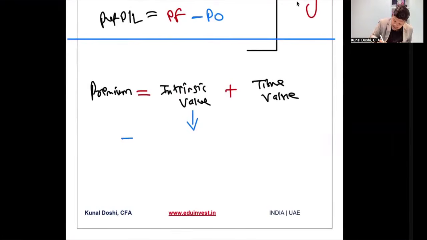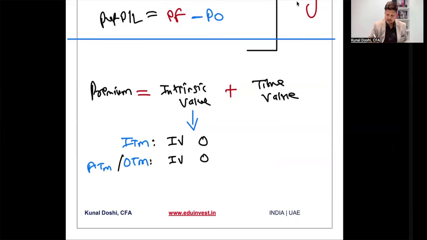So if the option is in the money, intrinsic value will be greater than 0. Otherwise, it is 0. It is never negative. It's a positive intrinsic value if it is in the money, otherwise 0 if it is an ATM or OTM option.